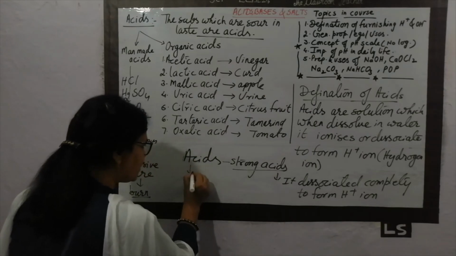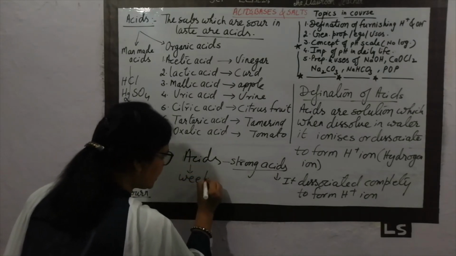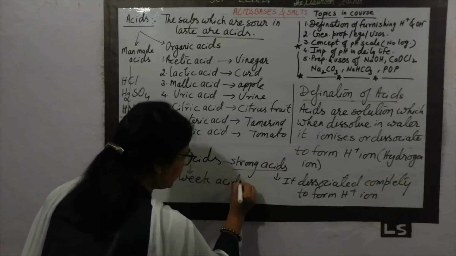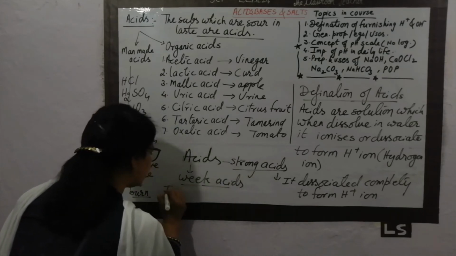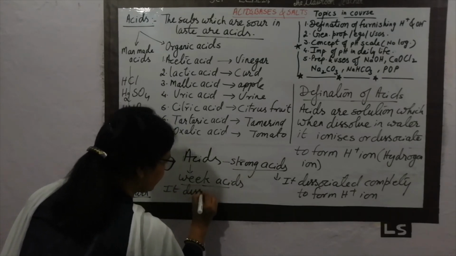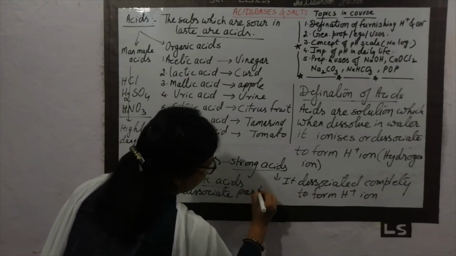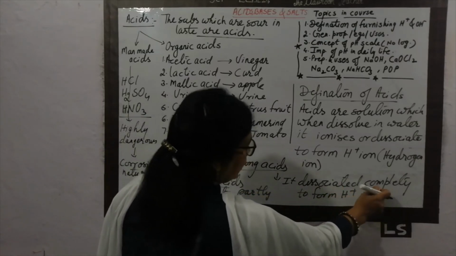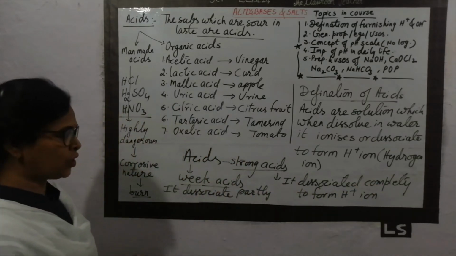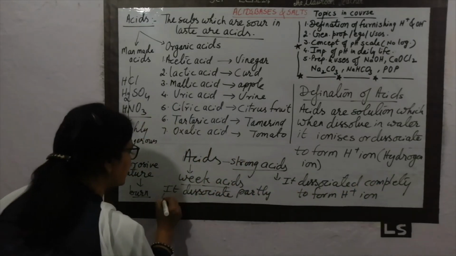One more type of acid is the weak acid. What is a weak acid? It dissociates partially to form H plus ion.